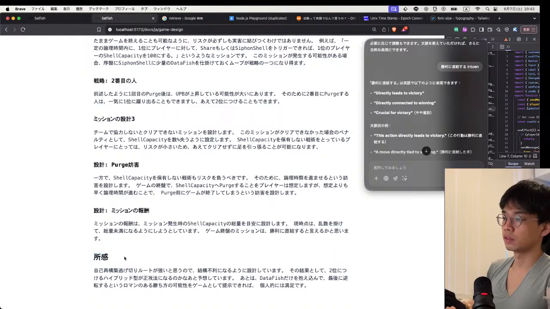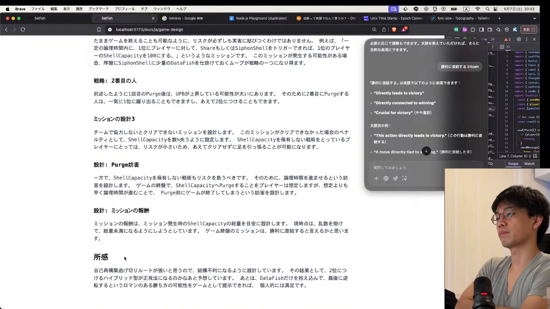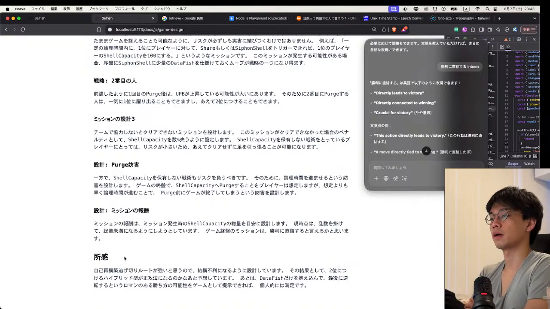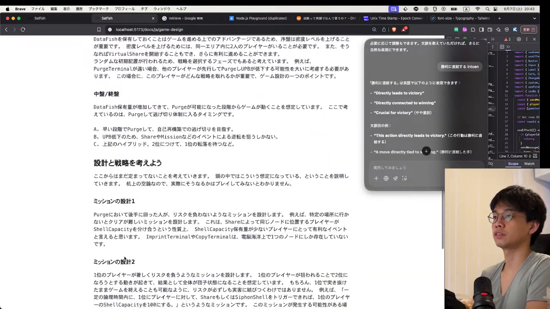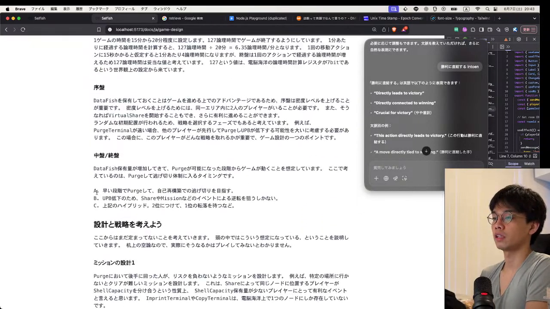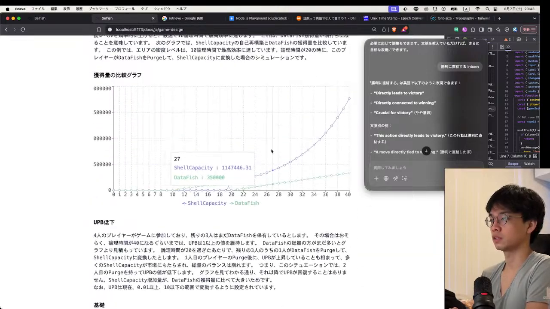In my opinion, type A players have a strong strategy in this game because of the exponential increase.